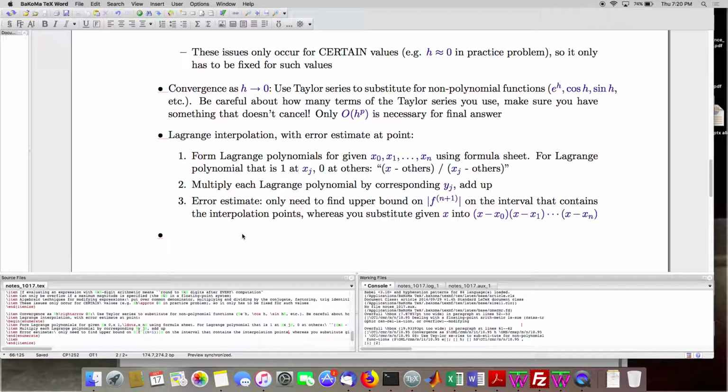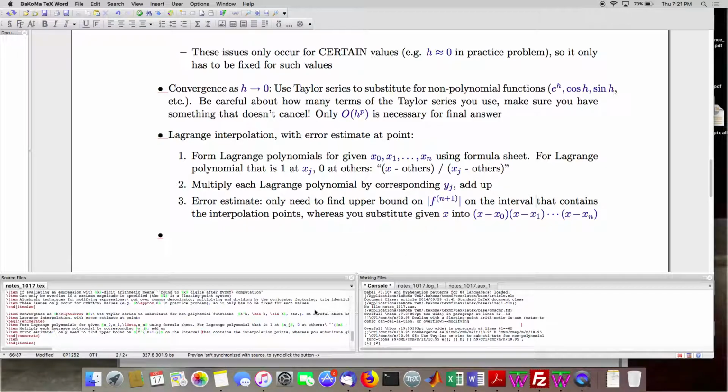The reason I find a bound on minus pi to pi is because that is the interval that contains the interpolation points. The interpolation points are minus pi, minus pi over 2, 0, pi over 2, and pi. Oh, I see. That makes sense. So you go as far as they could go.